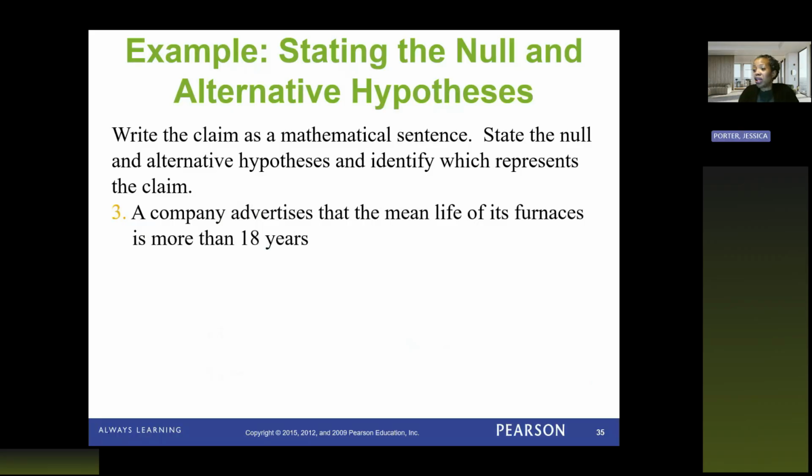What about this one? A company advertises that the mean life of its furnaces is more than 18 years. What is my inequality? What do you think?